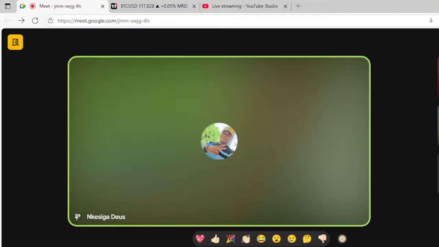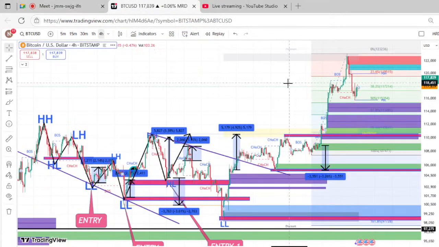And today we are going to look at how we can get our own signals for futures trading. If I say futures trading, meaning if you are buying, that means you can trade the same coin on spot.